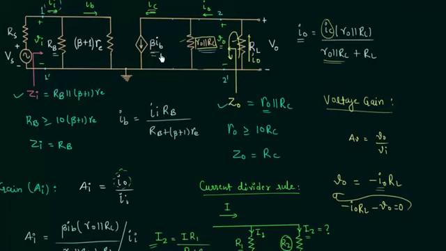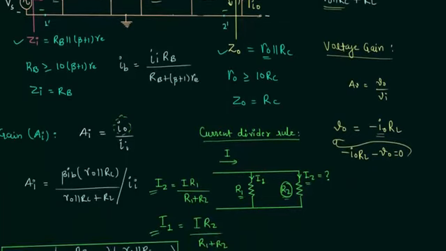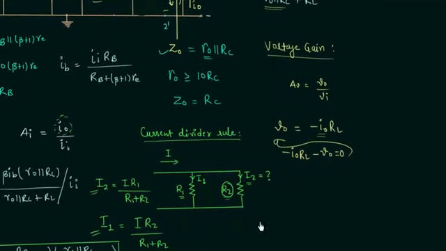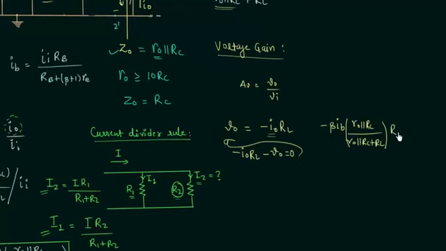IC is equal to beta times IB, so we have the output voltage equal to minus beta IB inside the bracket RO parallel RC divided by RO parallel RC plus RL, and then we have to multiply it with the load resistance. So this is the expression of the output voltage.